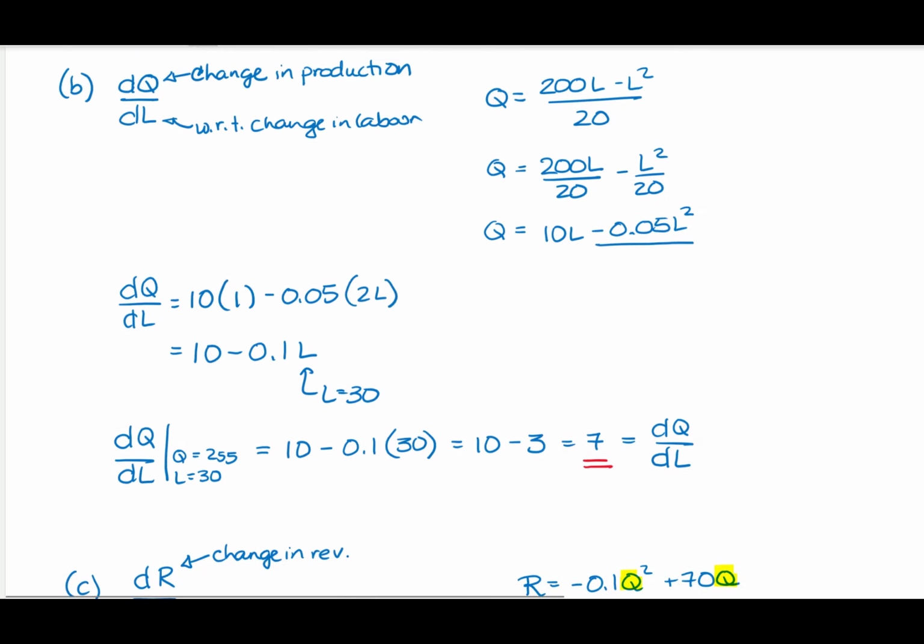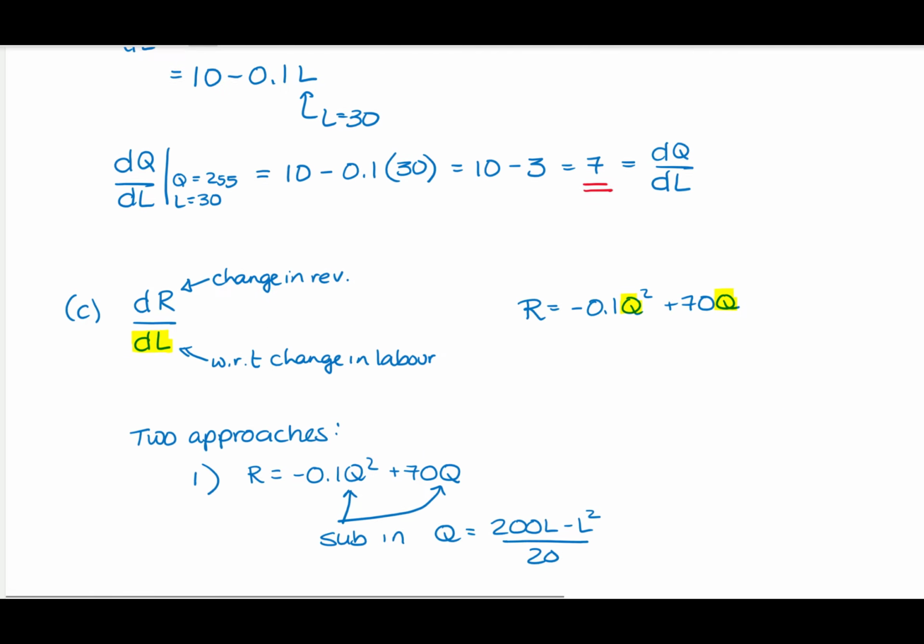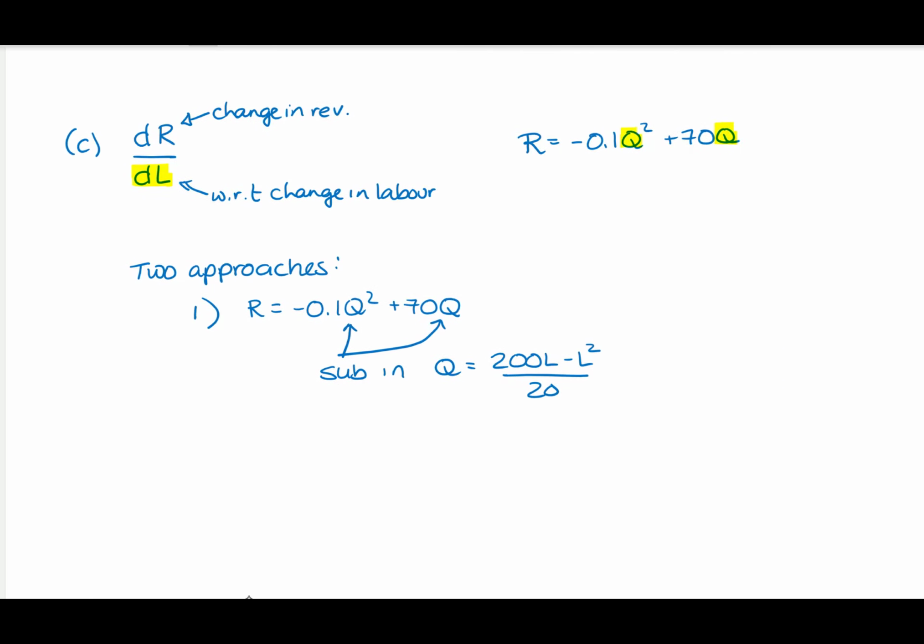As a reference, that's the information we were given to begin with right here. So I can substitute that into this expression. I would get revenue is equal to negative 0.1 times (200L minus L squared over 20) all squared plus 70 times (200L minus L squared) all over 20.